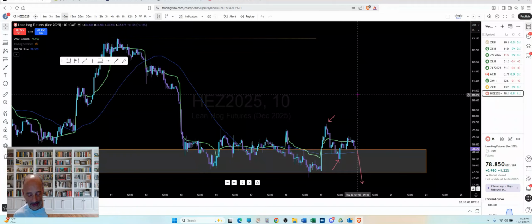You can have ICT traders, smart money traders saying, well, I'm looking for fair value gaps and all that stuff. Well, that may or may not work. I think just have a couple of areas and say, all right, I'm either going to look to exit the trade when it gets into one of those areas, or if it's already at one of those areas, I'm not going to trade.